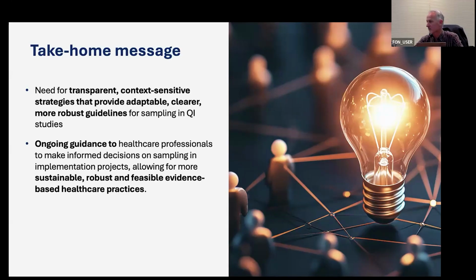And some of them are even worse, they make them do randomization and control everything, and then try to test the effectiveness between two groups.